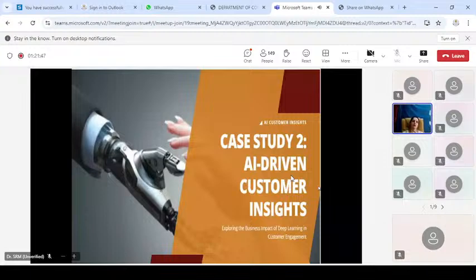The time-honored methods of customer engagement, such as basic surveys or even demographic profiling, often provide limited insights. And sometimes when we think through the strategic lens, these old methods can be defensive rather than forward thinking.